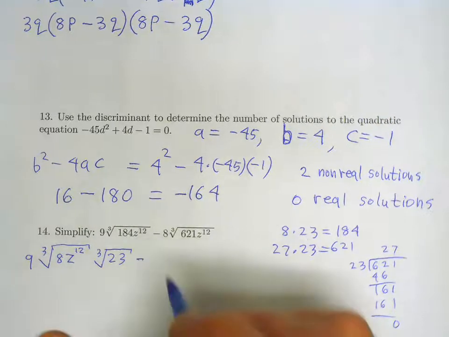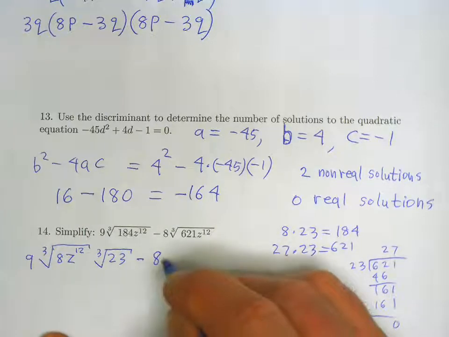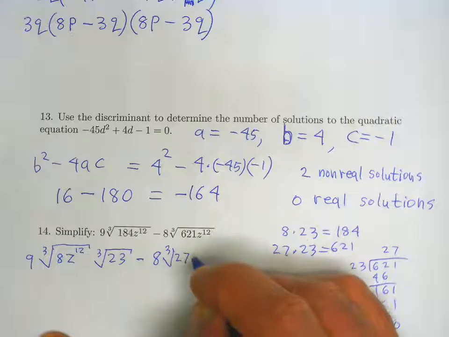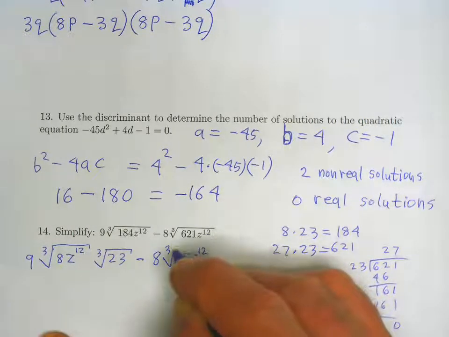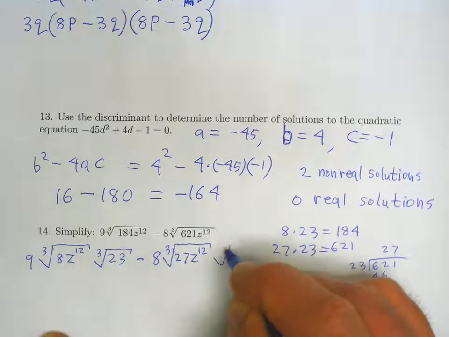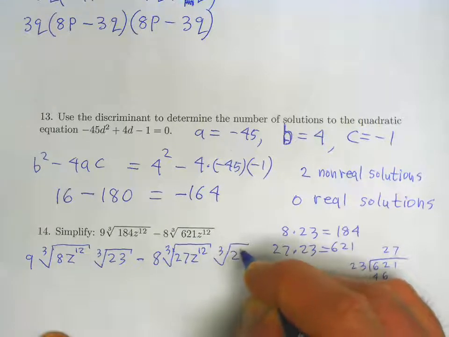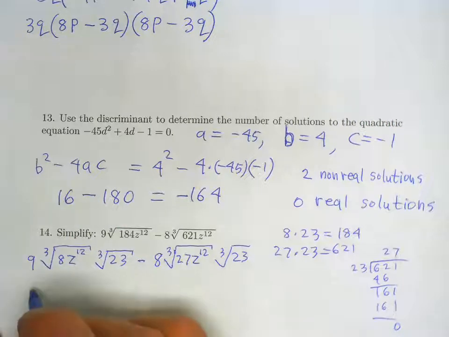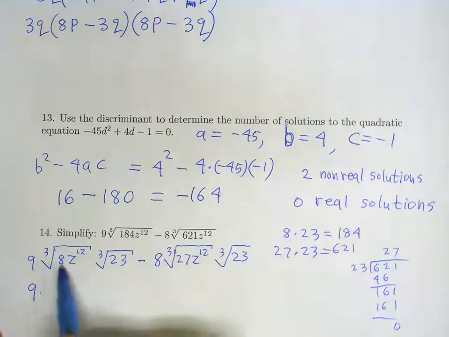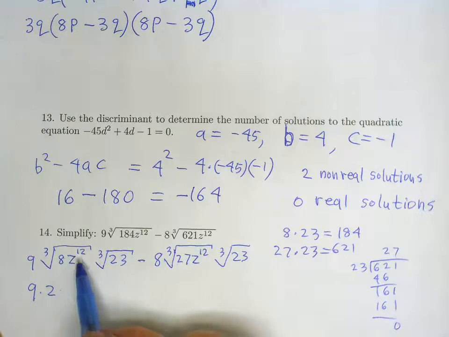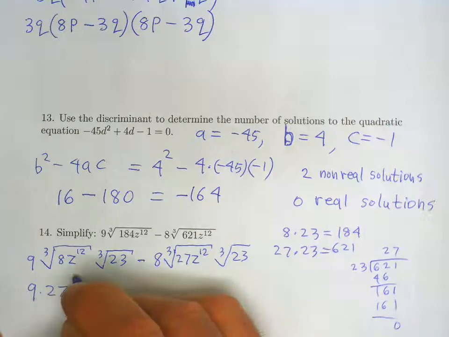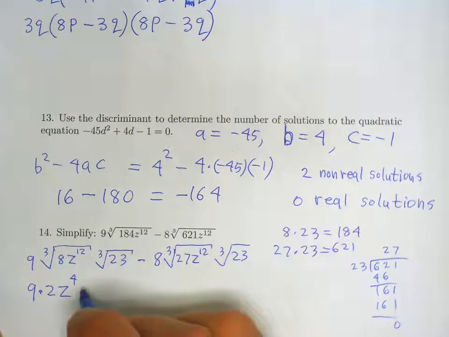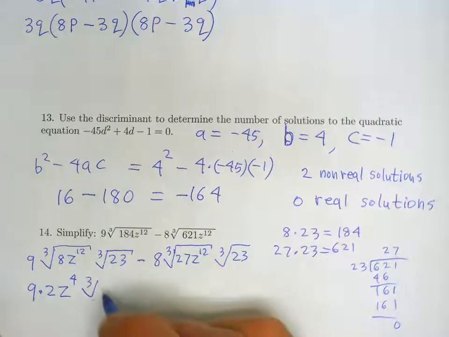And then minus 8 times the cubed root of the perfect cubes, 27 z to the 12th, times the cubed root of 23. Okay, then in the next step, the cubed root of 8 is 2. The cubed root of z to the 12th is z to the 4th, because 12 divided by 3 is 4, times the cubed root of 23.